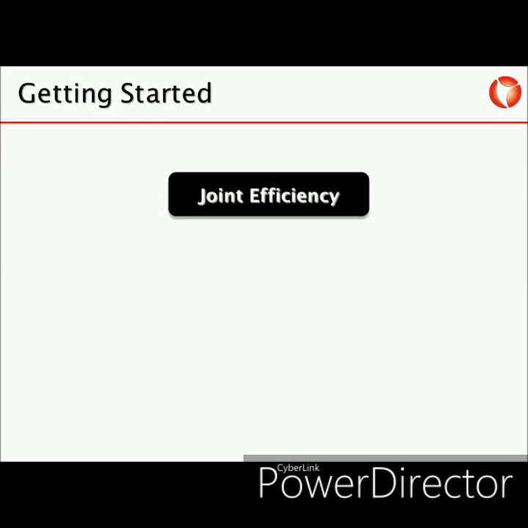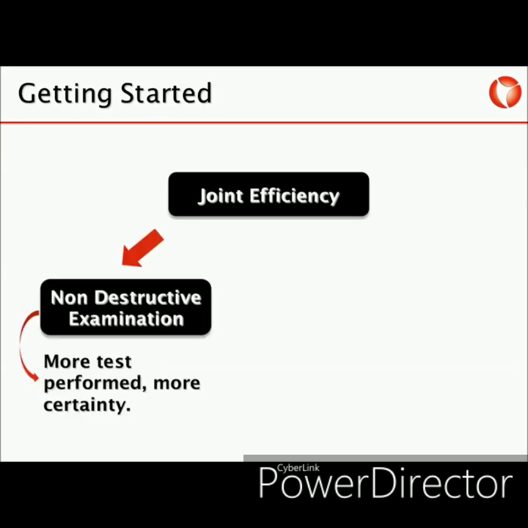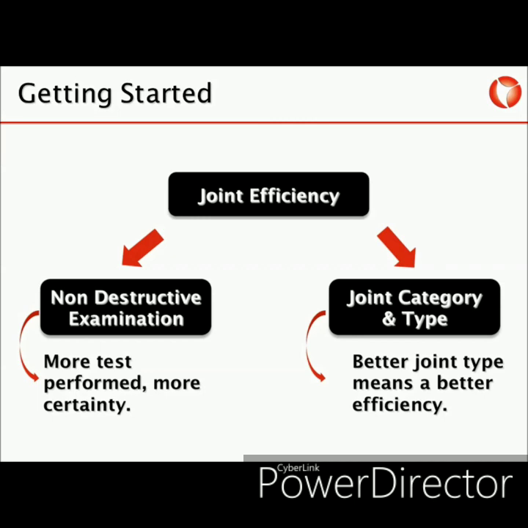This coefficient adopts values smaller than 1, and it can be said that the joint efficiency is a way of reducing the allowable stress of the material. Therefore, the joint efficiency depends on the level of non-destructive examination and the category and type of the weld used for joining two pieces of equipment.